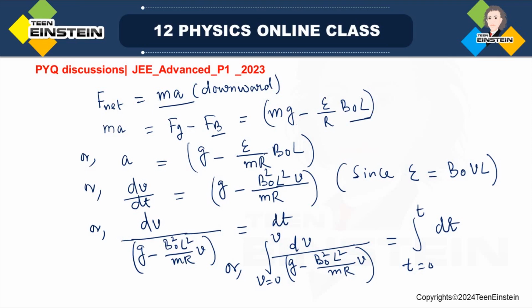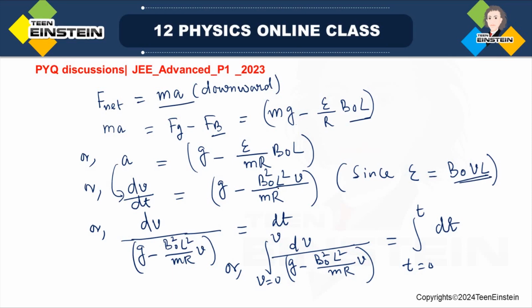Now look, I have to find out velocity, right? I have to find out velocity at any instant of time t. For that I can write this acceleration as dv by dt, and on the right hand side, instead of writing E, I can write B V L, because there also the velocity term is involved.